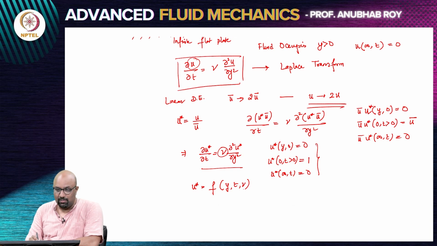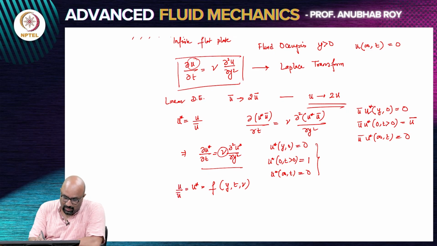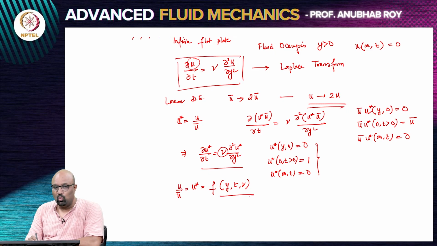There are no other variables in the problem. So, the non-dimensional velocity u star, if I remind you, is u by u bar, is a function of y, t and nu. There is nothing else in the problem to construct a solution. So, whatever method you use in order to find your solution, you are only going to get these three variables. You are not going to get anything else in the problem.